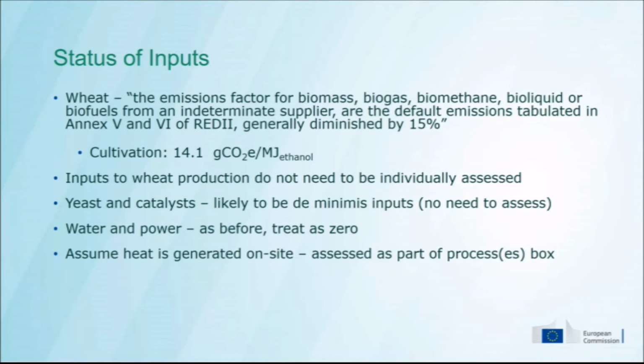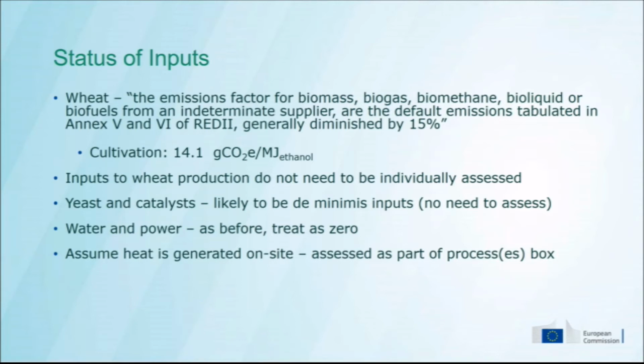So our cultivation figure for wheat is 14.1 grams of CO2 equivalent per megajoule of ethanol. The reason we do that 15% cut in emissions is because under ETS rules, they don't look at the upstream emissions. They're looking at the combustion emissions, the direct emissions from the facility, but the upstream provision is not included. So that's why we've cut the emissions by 15%.